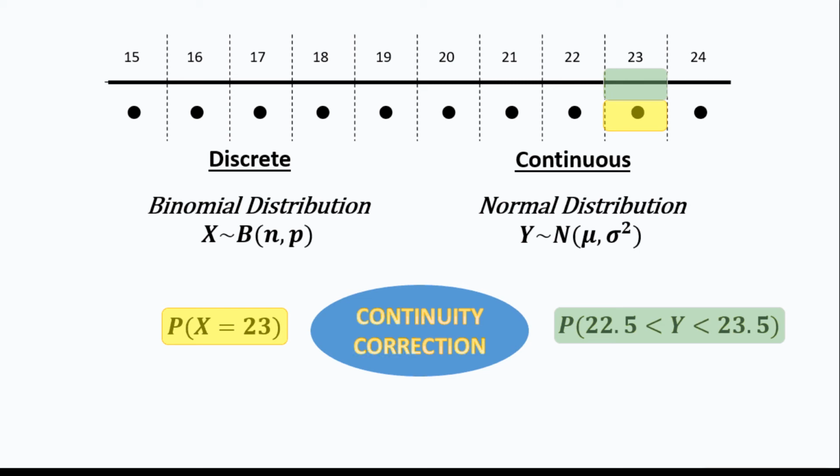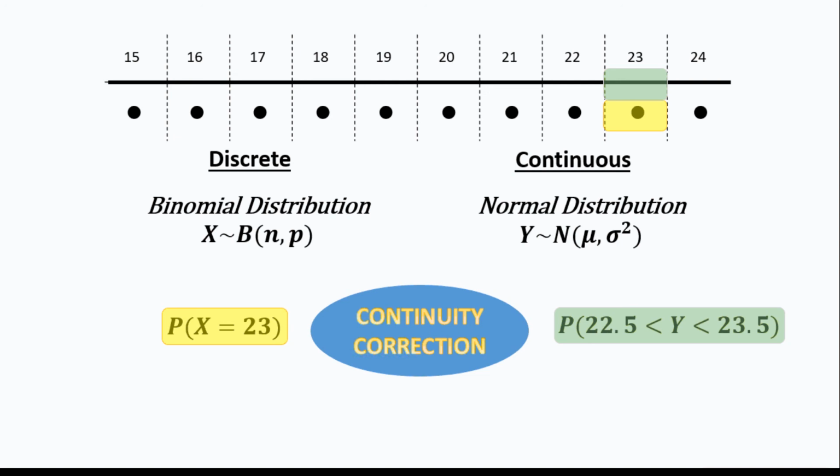So to summarize, anytime that you are approximating from a discrete to a continuous distribution, you should be applying a continuity correction. The continuity correction accounts for the fact that a discrete distribution has gaps in between the values it can take, whereas the continuous distribution that we're approximating to does not have the gaps. To deal with this situation, we need to make sure that we are using the entire interval as necessary.